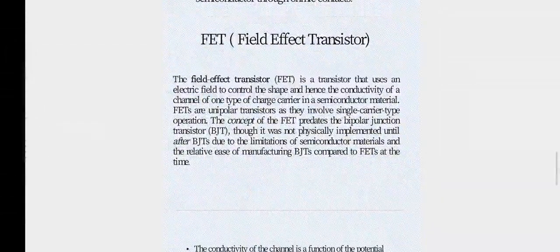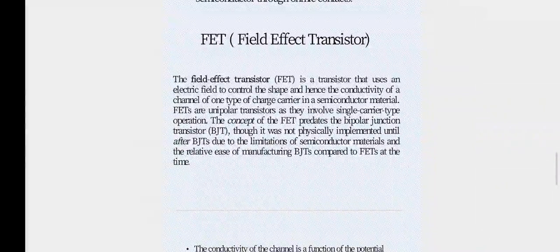So the field effect transistor is a transistor that uses an electric field to control the shape, and hence the conductivity, of a channel of one type of charge carrier in a semiconductor material. FET is also called a unipolar transistor, as it involves single carrier type operation.